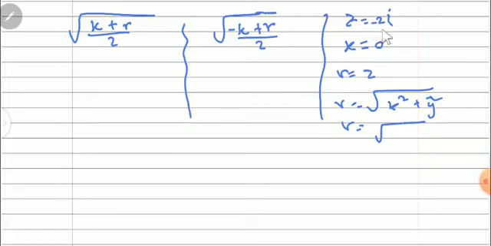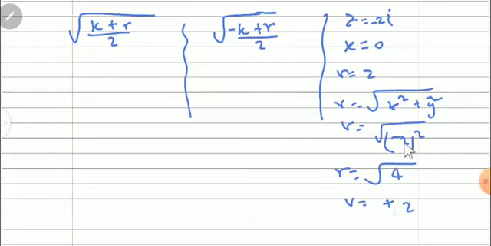Where is it? -2. So to the power 2, the square of the negative will be positive, and the square of 2 will be 4, and we all know that the square root of 4 equals negative or positive 2.